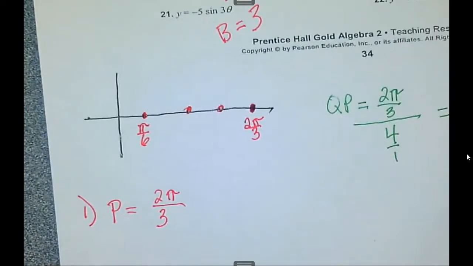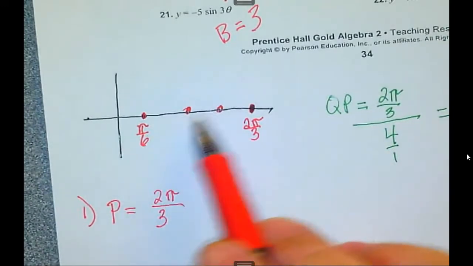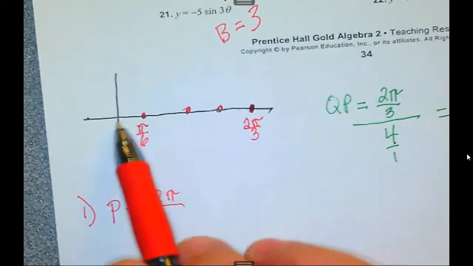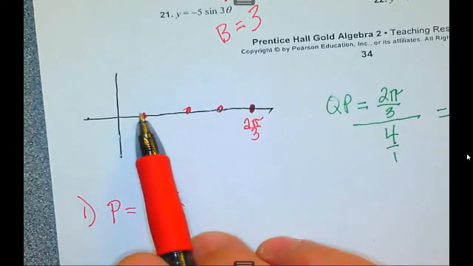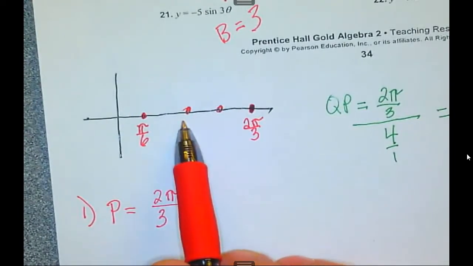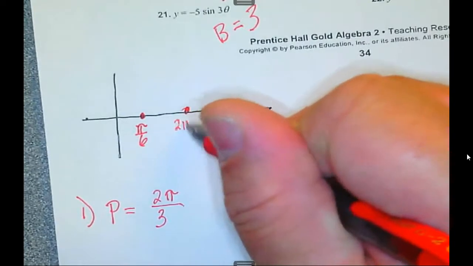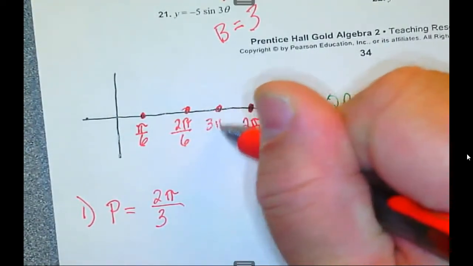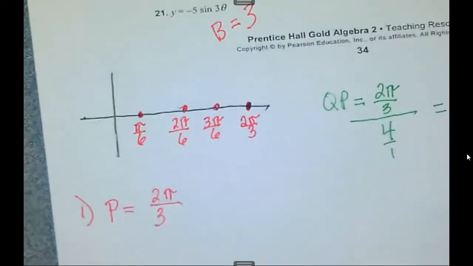Now, instead of getting all confused and trying to simplify these while you're putting them in there, let's just put them in there and then simplify them later. Each quarter point is pi over 6. If this is 1 pi over 6, what's this? 2 pi over 6. What's this? 3 pi over 6. Now let's reduce them.